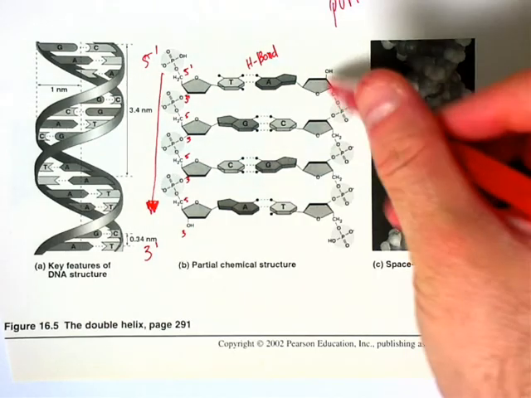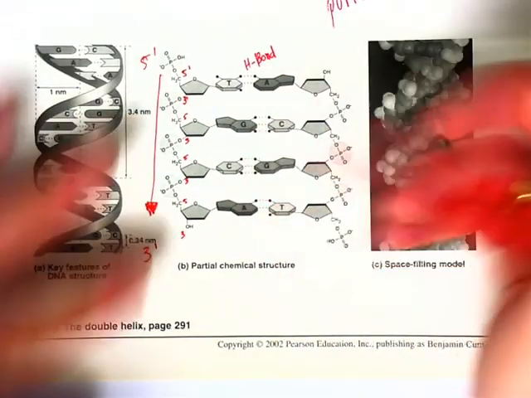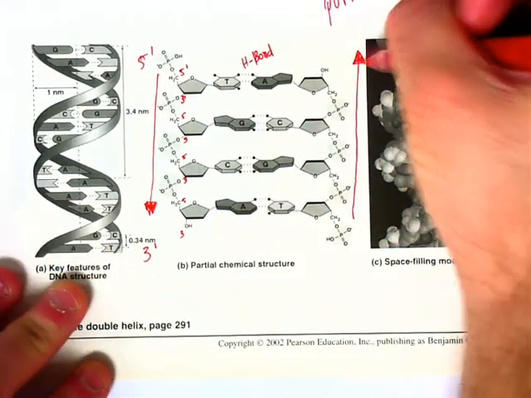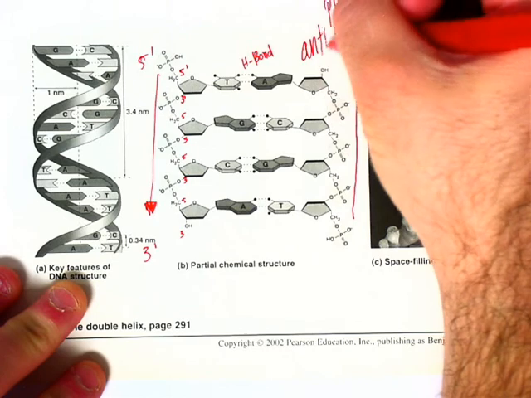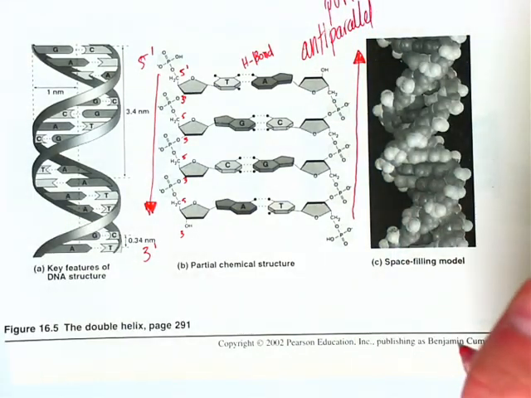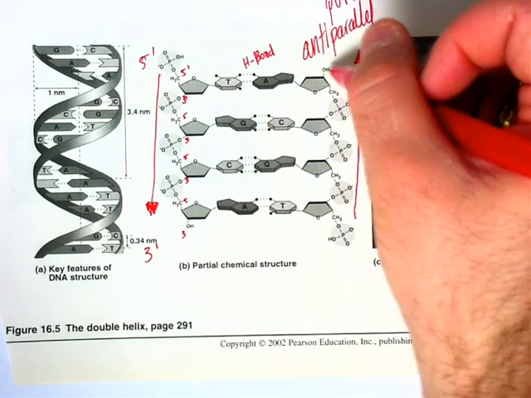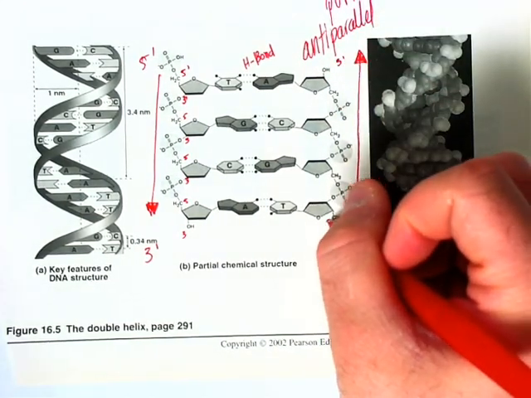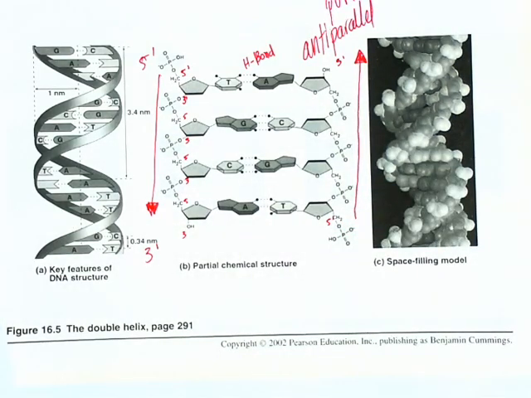Now you'll notice that this strand, though, is like the direct opposite. So it is parallel, but it is running in the opposite direction. It is anti-parallel. That means that this carbon right here is going to be carbon 3. This carbon right there is going to be carbon 5. You always go in a 5 to 3 direction.